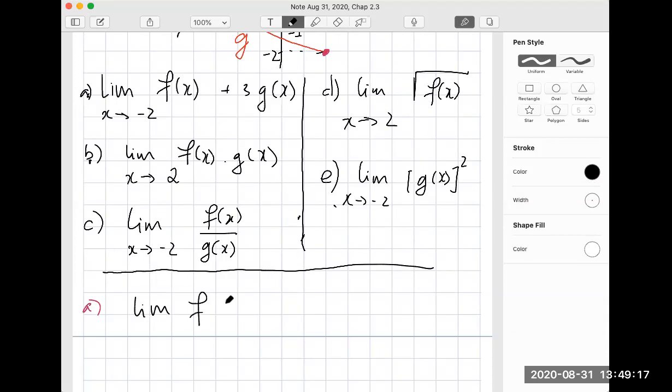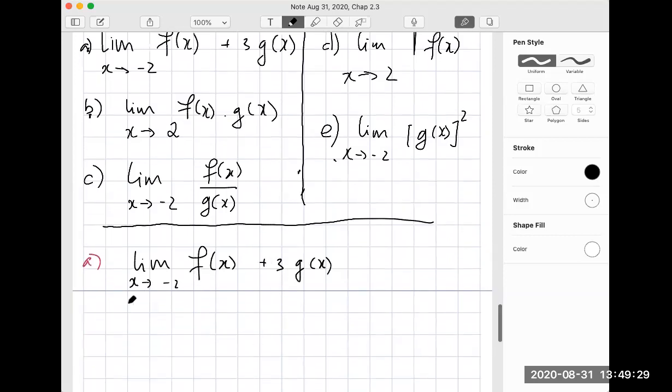This is the limit of a sum, right? And we can apply the sum rule of limits. And this constant, we can also take it out of the limit. It means it becomes the limit of f of x when x approaches -2 plus 3 times the limit of g of x when x approaches -2, right? Just the power of the law.